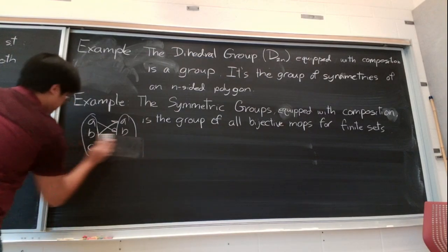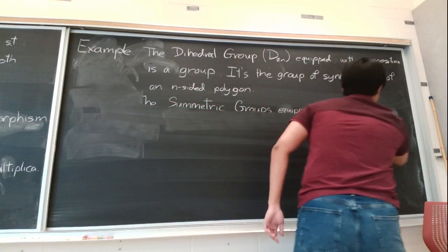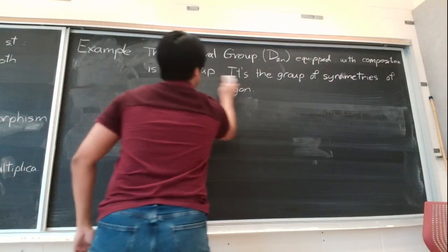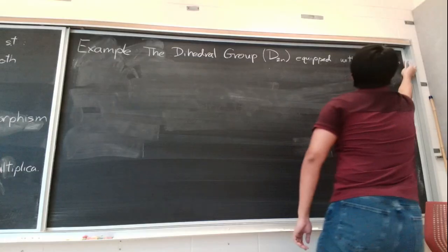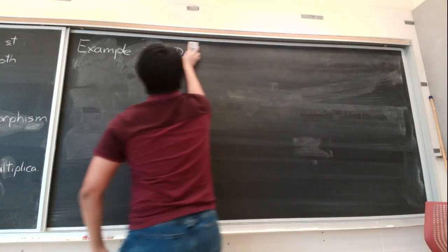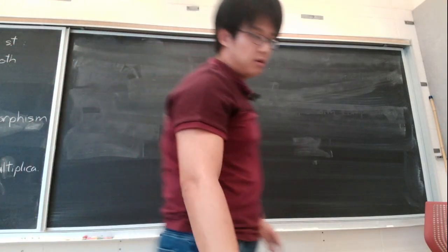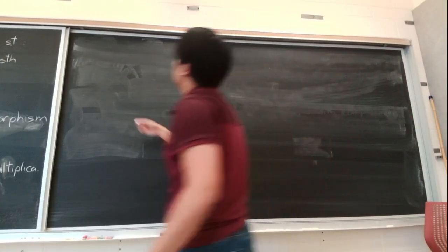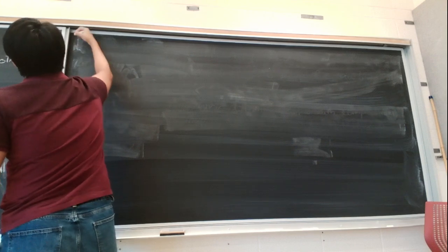So we've defined Lie groups, and we've given a couple of examples. We're going to give some more standard examples, let's call them classical groups.